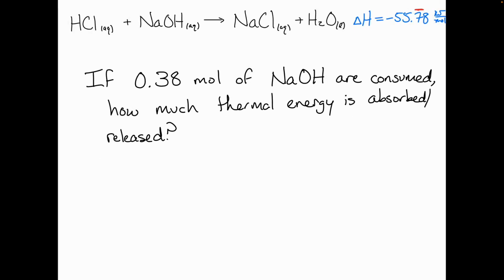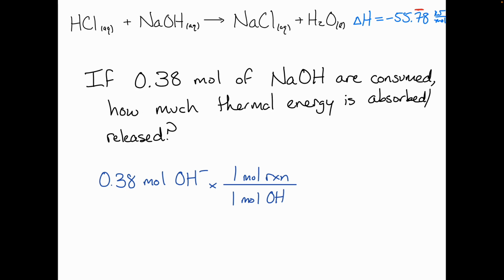So in order to get my standard enthalpy, I'm going to take that 0.38 moles of OH, and I need to multiply it by that standard enthalpy, but I'm going to be good with my units here and first convert from moles of hydroxide to moles of reaction.